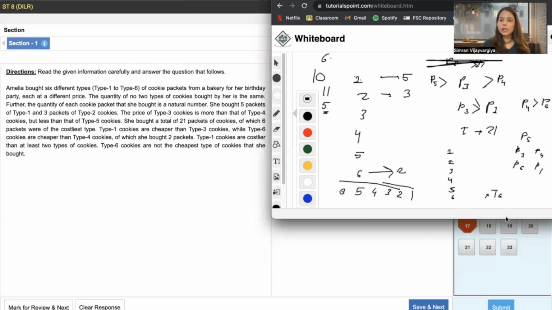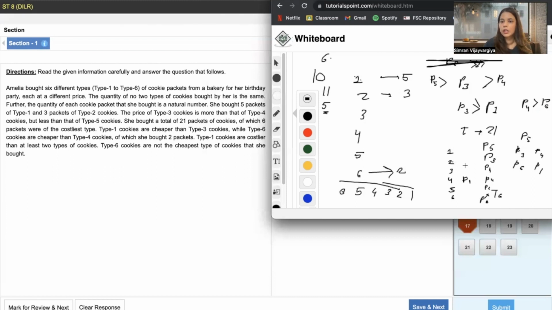Okay. So we know that either P1 is going to be here because the 1 is costlier than 2 type, or P1 is going to be here. If P1 is here, we know P3 and P5, and so P4, P6, and P2.